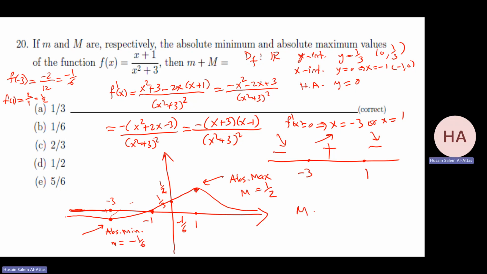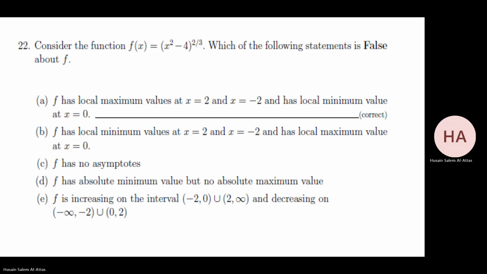So I need small m plus capital M. That gives me minus 1 over 6 plus half, that is minus 1 over 6 plus 3 over 6, 2 over 6. That will be 1 over 3, which is this one. So I use the graph to find the absolute maximum and absolute minimum. Consider this function, which of the following statements is false.